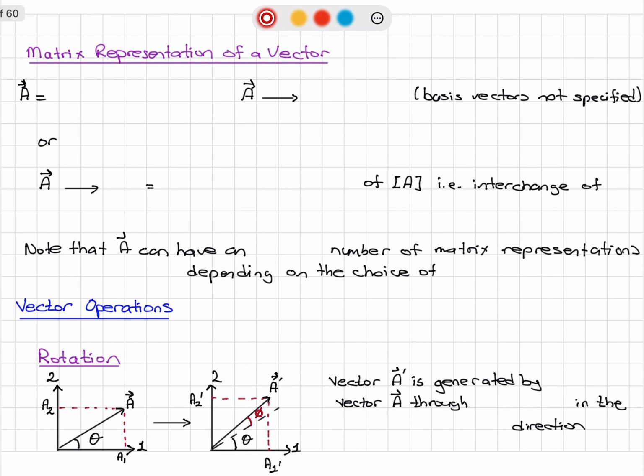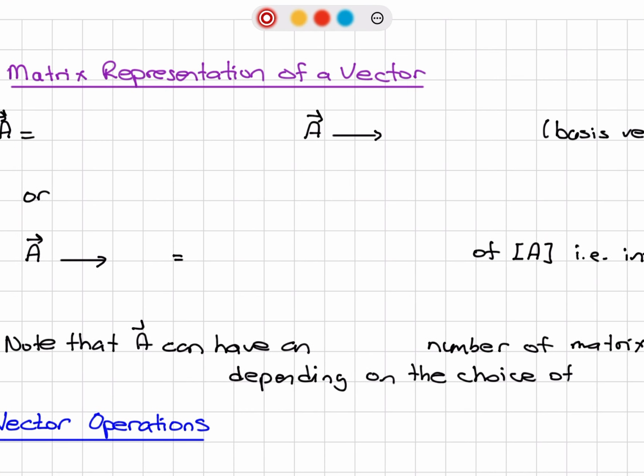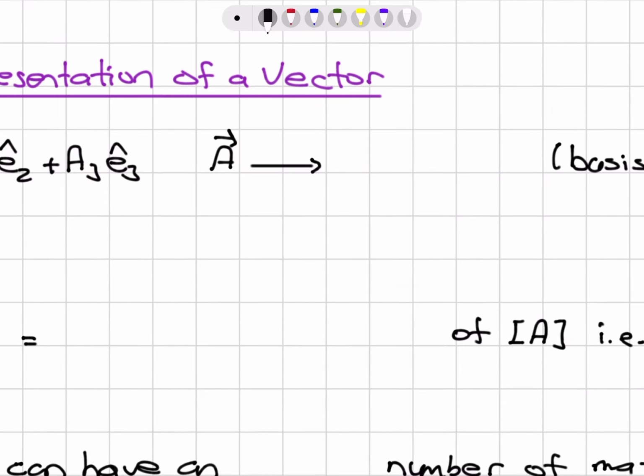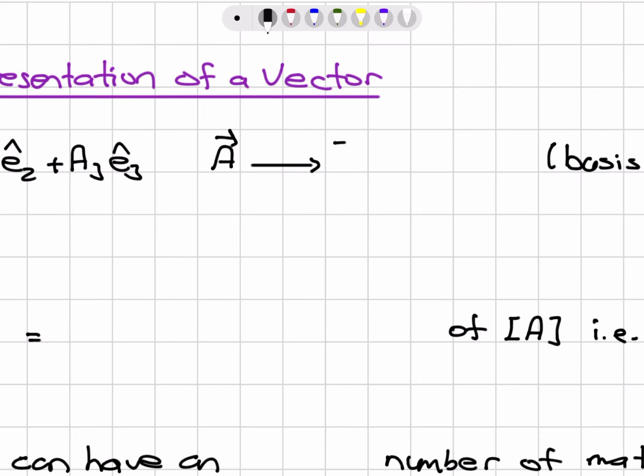And what about the matrix representation of a vector? We have seen that we can write this vector A in terms of its components as A1 e1 hat plus A2 e2 hat plus A3 e3 hat, and e1, e2, e3 were our basis vectors. And this vector A also has a matrix representation.